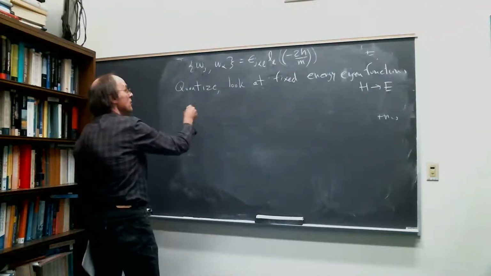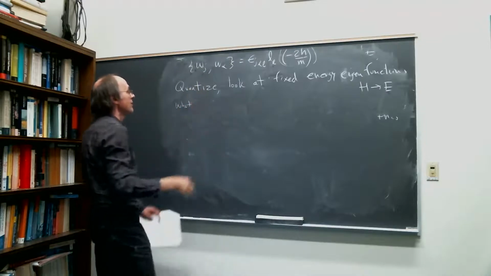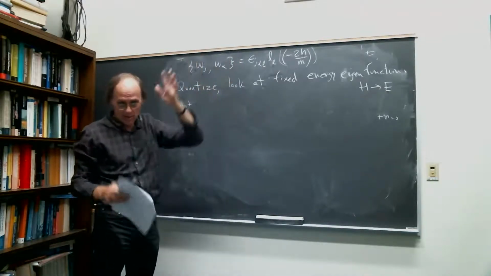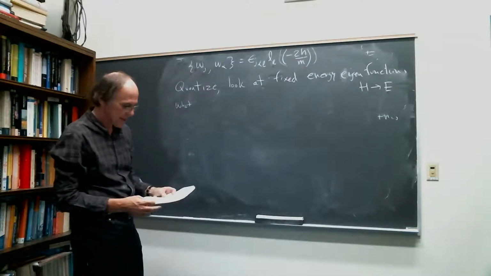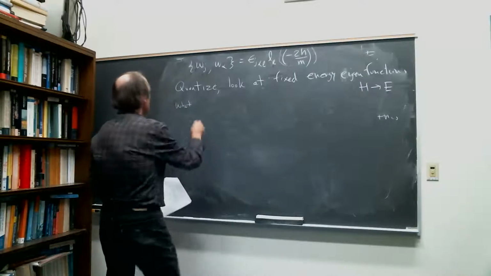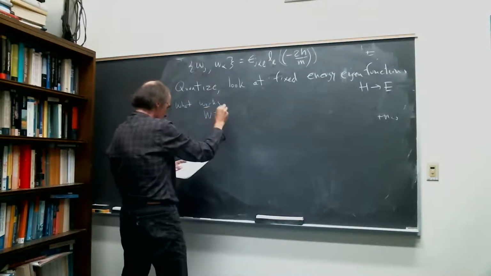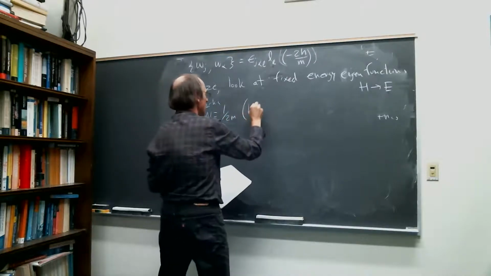So what works, in the sense of Dirac, in the sense of turning these Poisson brackets into the right commutation relations, is to take W vector to be 1/2m. So you do this.